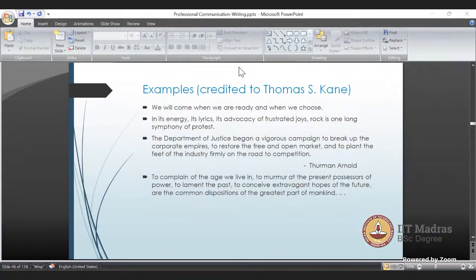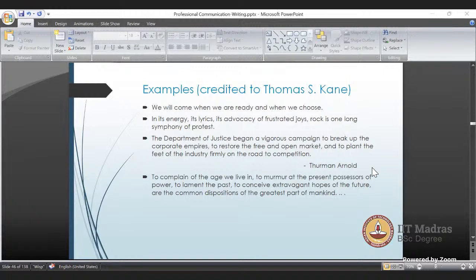We'll also look at the third and fourth one, to understand it clearly and well. The Department of Justice began a vigorous campaign to break up the corporate empires, to restore the free and open market, and to plant the feet of the industry firmly on the road to competition. Okay. So what is the main part in the third sentence?